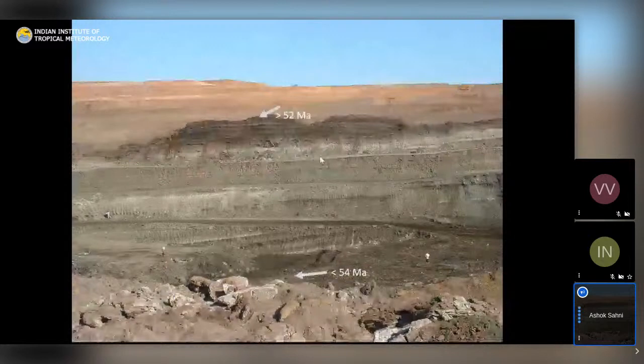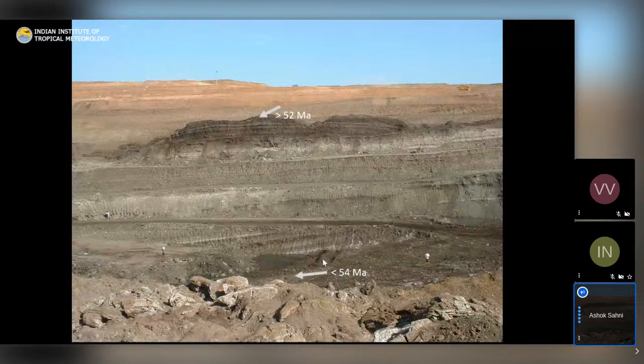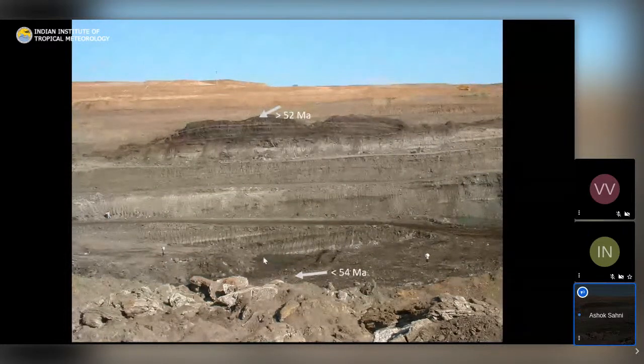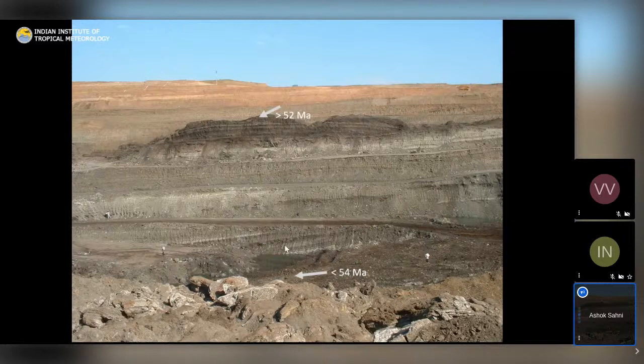The next set of data comes from lignite mines, and this is data that is roughly 54 million years or so. These are a number of open cast mines that are found in Rajasthan and in Gujarat. And we've been working here for quite some time. In fact, since 2004.